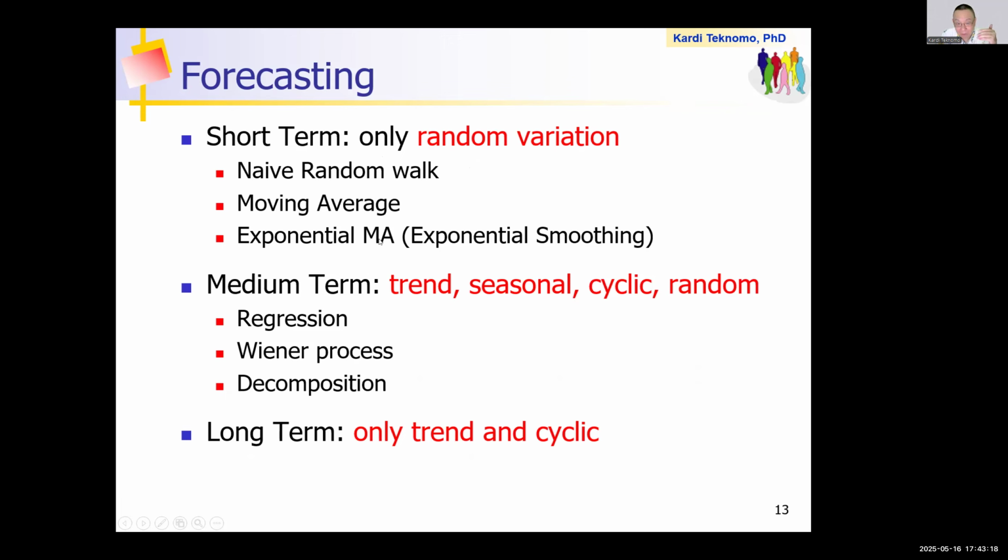But if you want to get trend, seasonal, cyclic, and random, then you use regression, or Wiener process, or decomposition. But if you want to calculate 100 years, like for example CO2, then you don't need this random variation, because time itself will remove all of this.